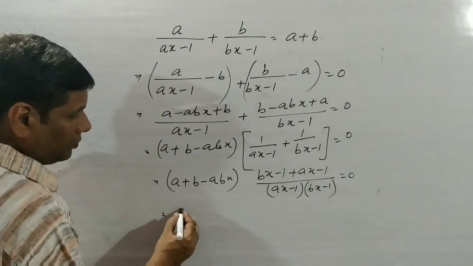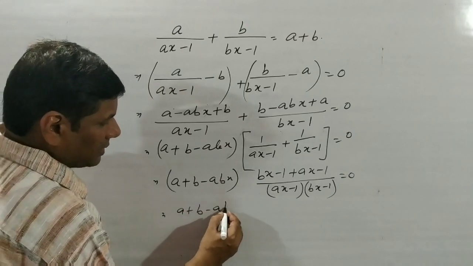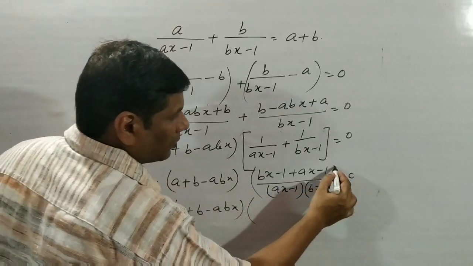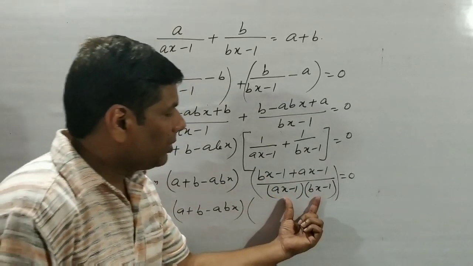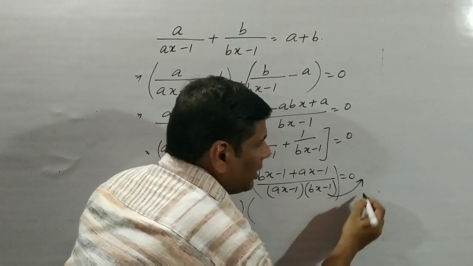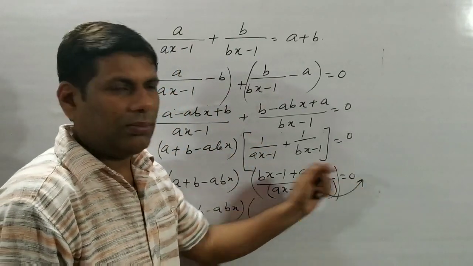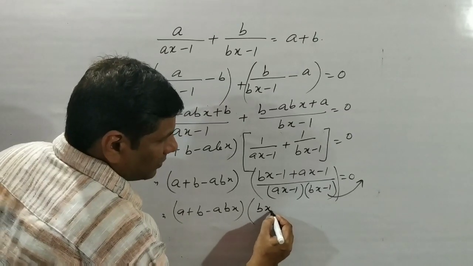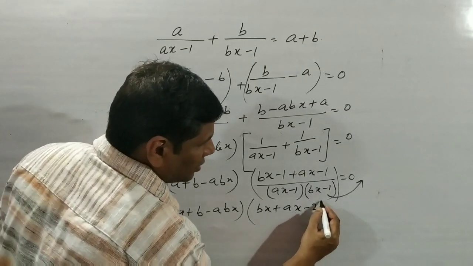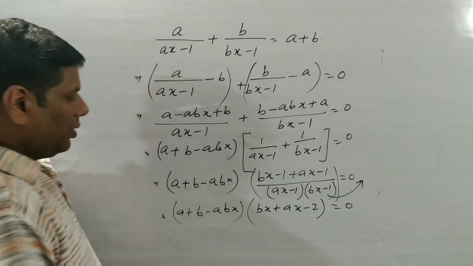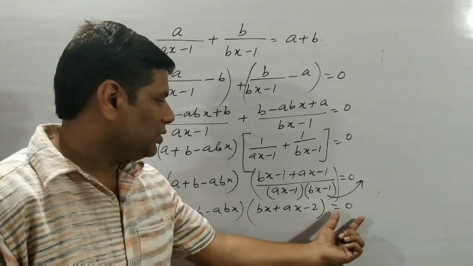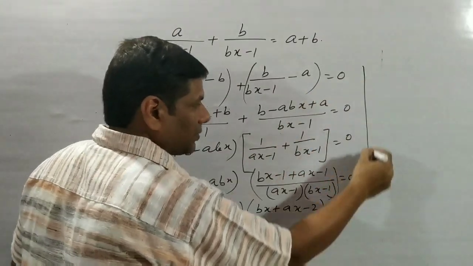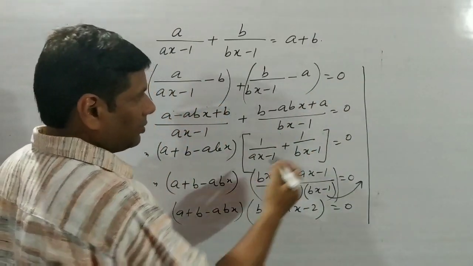Now a plus b minus abx, this into this denominator will be carried to this side, it will multiply with 0, it will become 0, and we have here bx plus ax minus 2 equals to 0. Now if we take this one as equals to 0 and this one as 0, we will get two solutions of the equation.